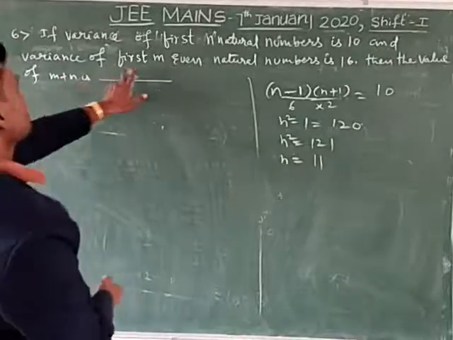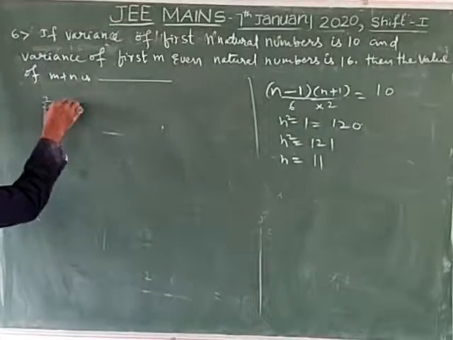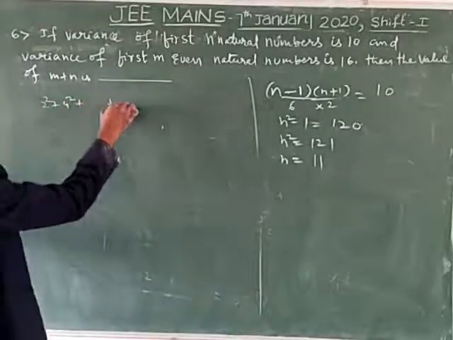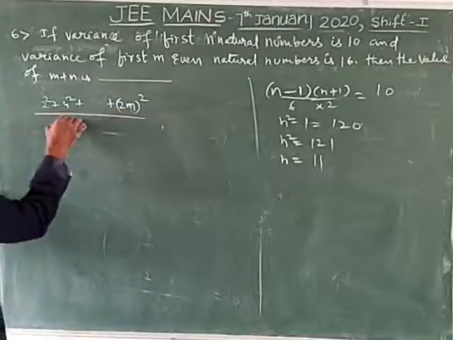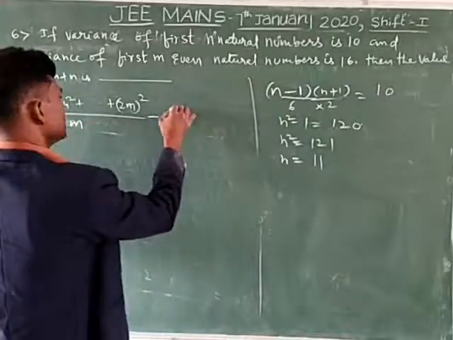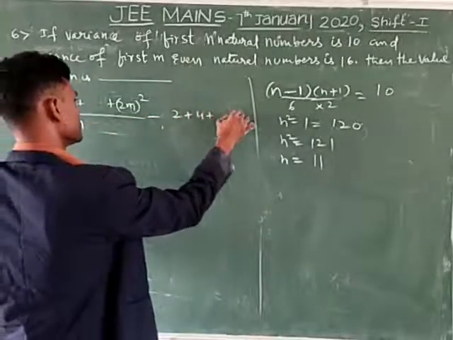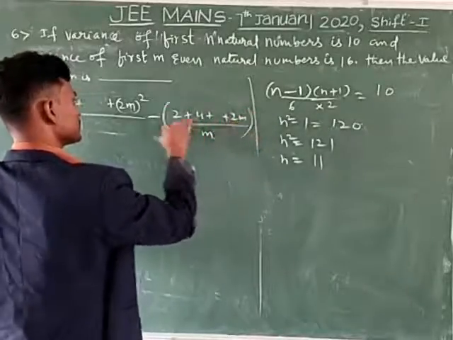Here, first m even natural numbers: 2 squared plus 4 squared plus up to (2m) whole squared, divided by m, minus (2 plus 4 plus up to 2m) divided by m, whole squared.